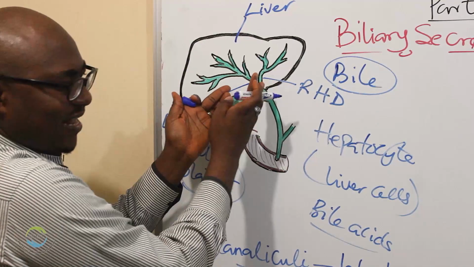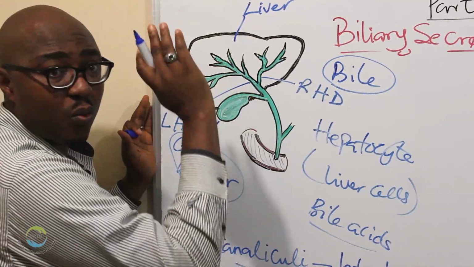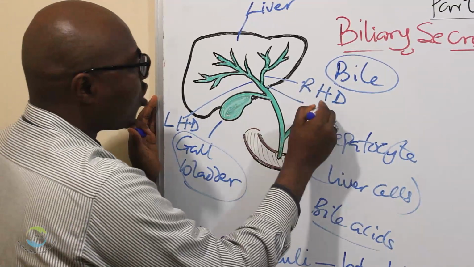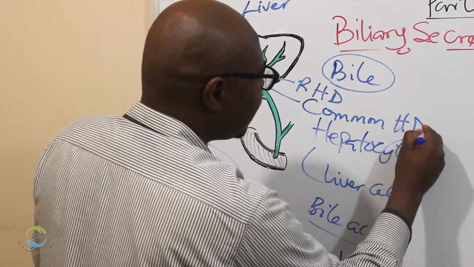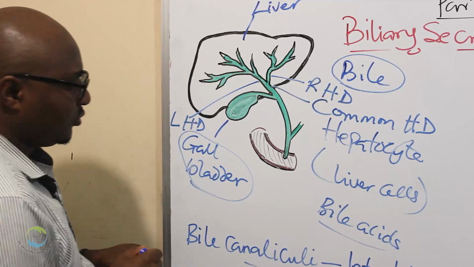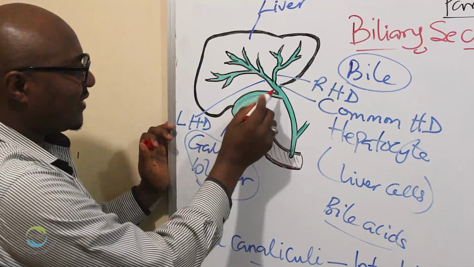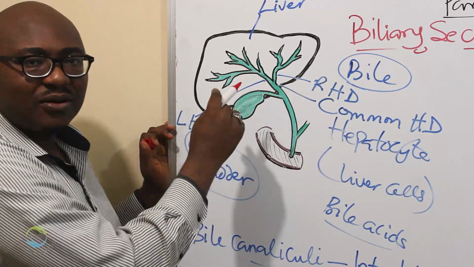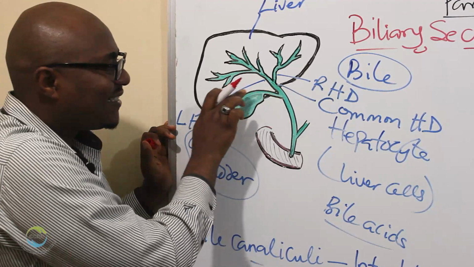So the right and left hepatic ducts join together. So at this place that is now one, it is called the common hepatic duct. Okay? So after the common hepatic duct, you see that it now comes out from the liver just shortly, common, and the cystic duct.